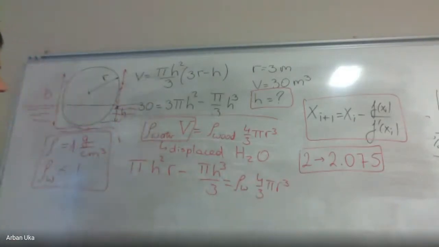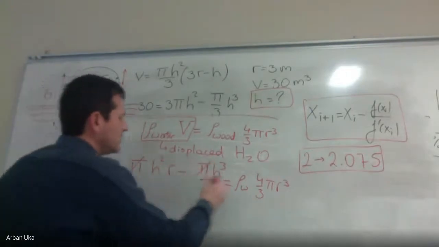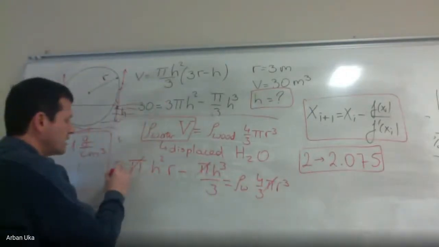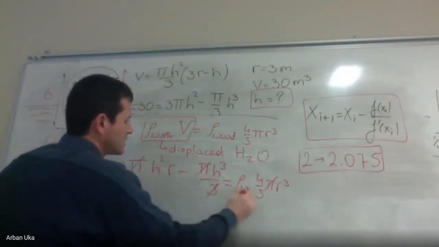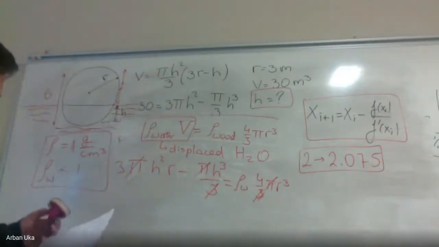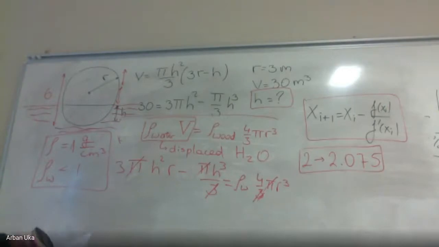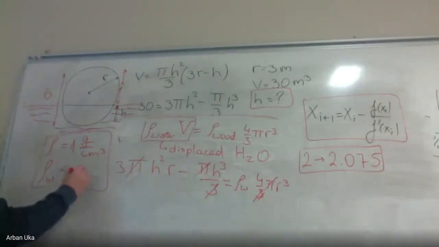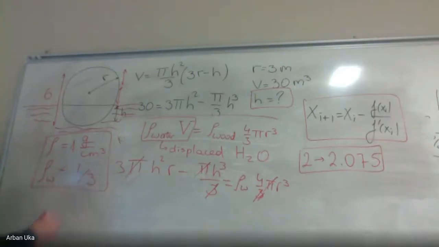So now we have some terms that we can directly cancel out. We can multiply every side by 3. This cancels out, this cancels out. So we get a new function. And this function that we are going to get, if we set the rho of wood 1/3 of water, so let's assume that this rho of the piece of wood has a density of 1/3.